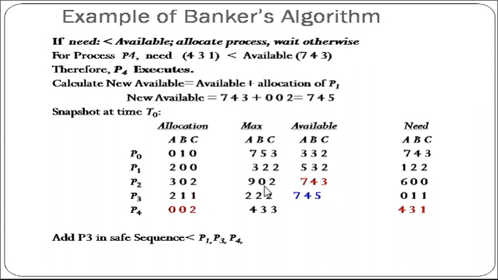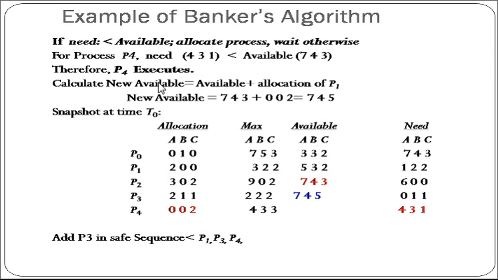The next process is P4. Now check for process P4. The need of P4 is 431 and the available is 743. That is, 431 is less than 743. So P4 executes. When a process executes, add that process to the safe sequence. Now the safe sequence is P1, P3 and now P4 is added.